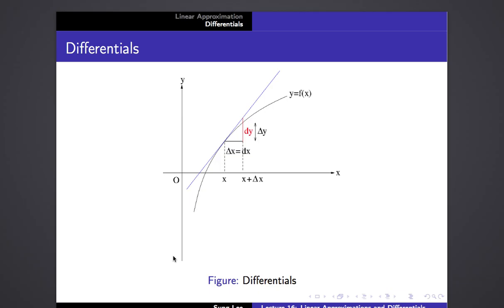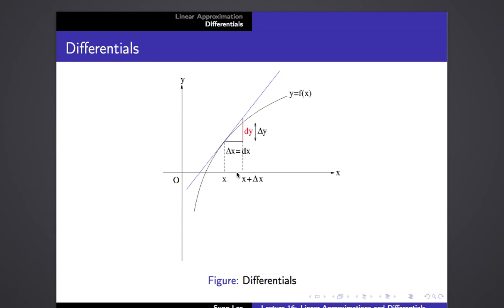Actually, this picture is pretty close to the picture we had earlier, but there's a little bit of a difference between certain quantities. So here we are going to consider delta x, which is the increment of x from x to x plus delta x.